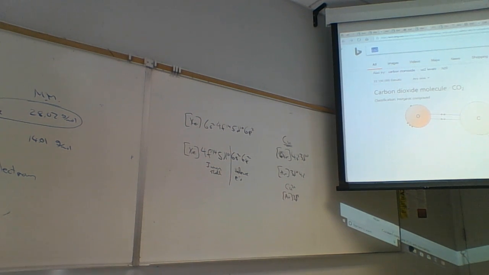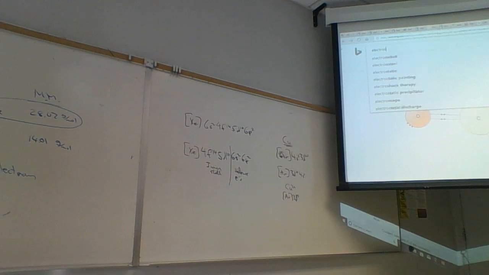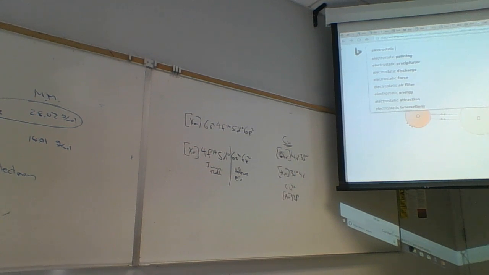In quantum mechanics, what we do is we map this out, and these are called electrostatic potential maps.